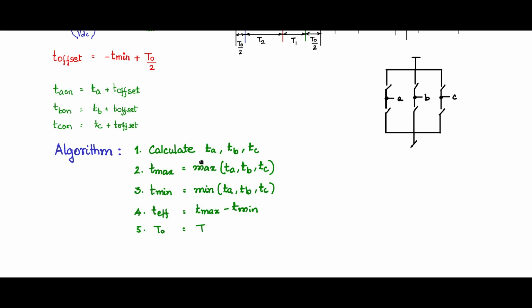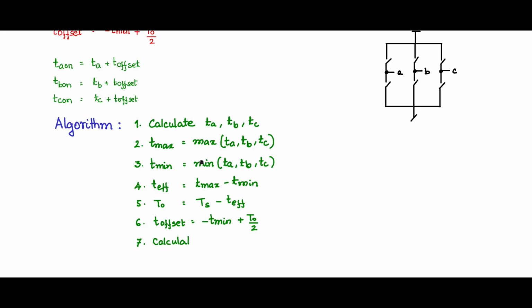Next, calculate T0, which is TS, we know, is the switching carrier period, minus T effective, and then calculate T offset, which is minus T min plus T0 by 2, and then finally calculate TA on, TB on, and TC on using this relationship, and then use that to load the 3 compare registers of the timer, and then that will count, compare, and then make the 3 digital ports go high or low, depending upon the values.